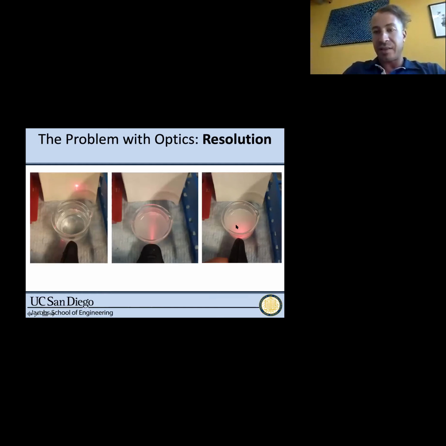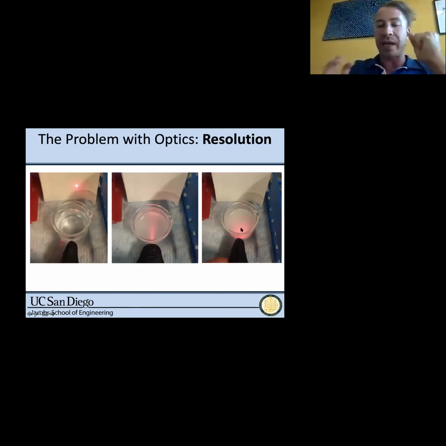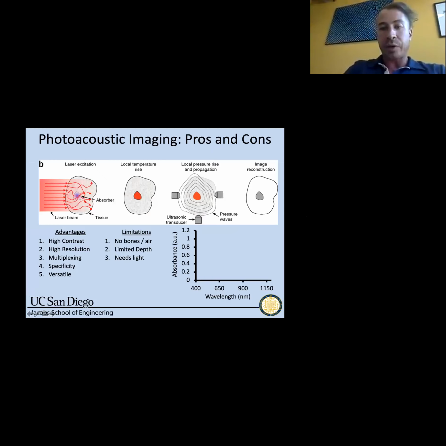Okay, so that's pretty remarkable that we can use these kinds of diffuse photons, and from these diffuse photons, we can create a very high resolution image. The reason is that when these diffuse scattered photons create a photoacoustic pressure wave, that wave is absorbed and scattered by the tissue thousands of times less than light, right?